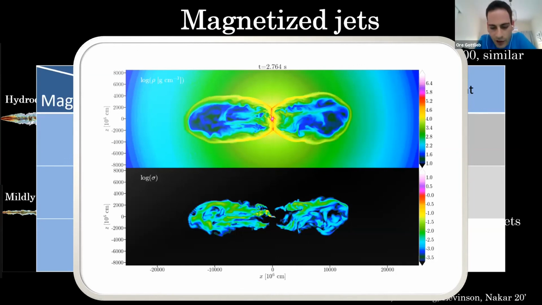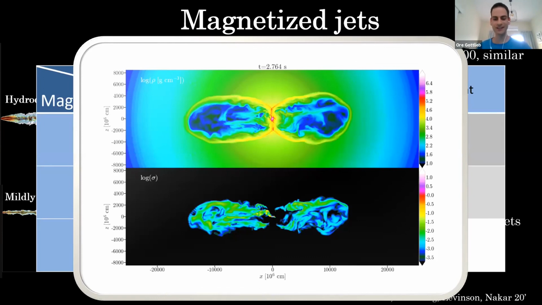So what we find, and this is one interesting result, is that a jet would be launched as long as the Blandford-Znajek power, which depends on the magnetic field, can overcome the accretion power. So if the accretion power, which is the material falling onto the black hole, is larger than the Blandford-Znajek power, the jet will never be launched. This is related to the question that I put as to what progenitors support jet launching. So we had to put magnetic fields that lead to Blandford-Znajek power that is larger than the accretion rate.